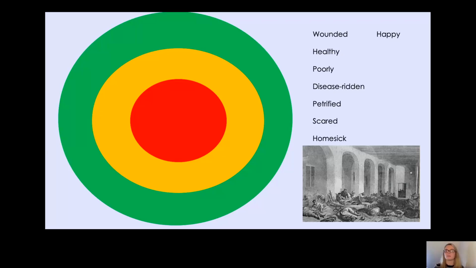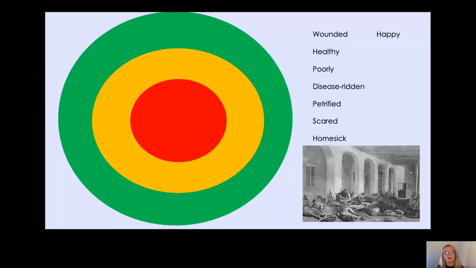And then the red is adjectives that we definitely couldn't use to describe those soldiers. Okay, so let's have a look at the different words we've got. We've got wounded, healthy, poorly, disease-ridden, so full of disease, petrified, scared, homesick, so missing home, and happy. Now, let's go through these together.